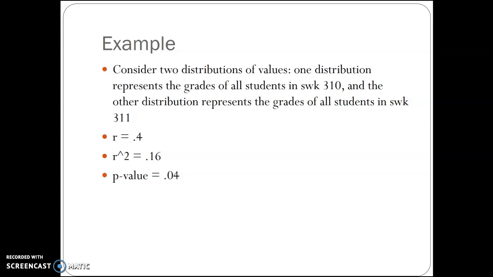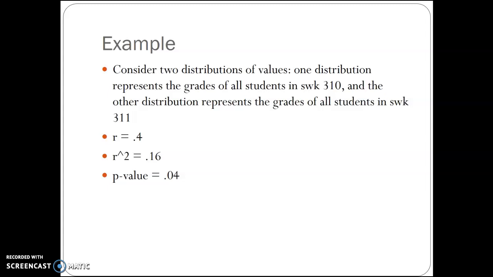Anything between 0.2 and 0.4 might be considered a moderate strength correlation, and anything greater than 0.4 is probably a strong correlation. This is on the fence between a moderate and strong correlation. So if we're checking the distribution of the scores in 310 and the scores in 311, and you get a correlation of 0.4, that's a moderately strong correlation.